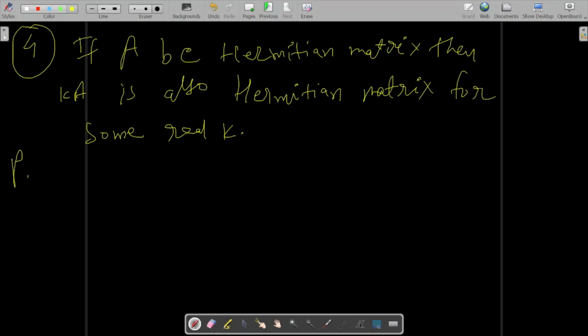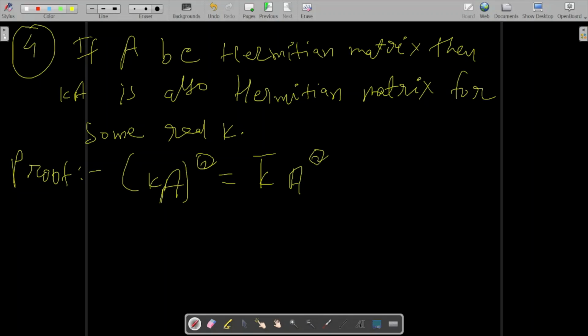So the proof is as follows. KA conjugate transpose: if it comes out to be the matrix itself, then it will clearly be Hermitian. Conjugate of K will be K only, because K is real, and conjugate of a real number is the number itself.